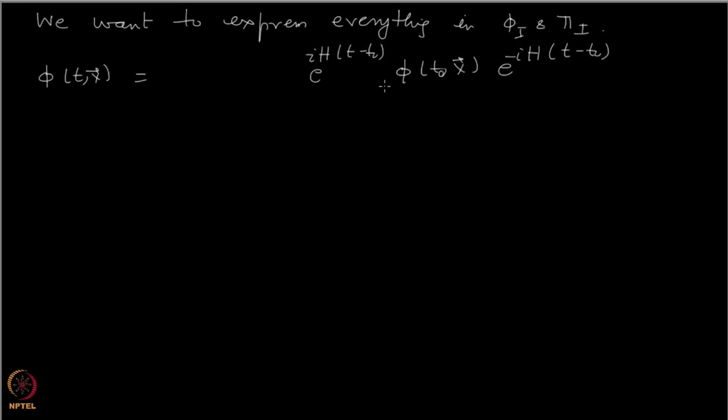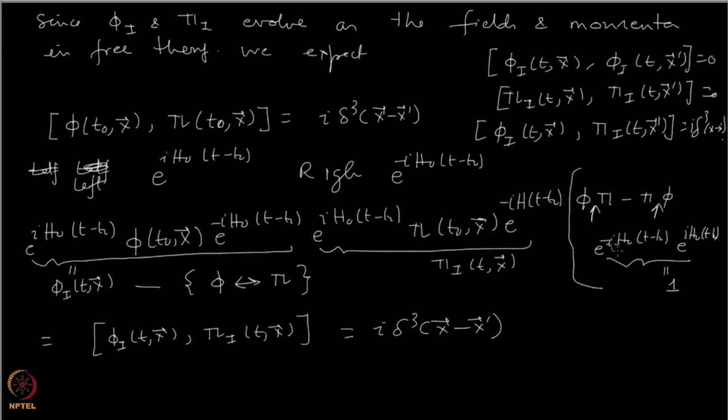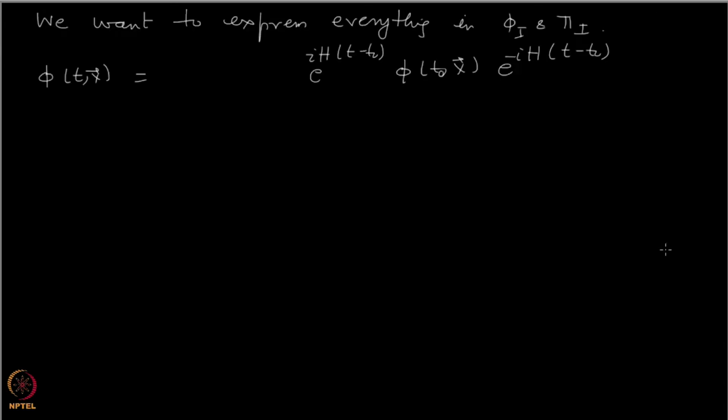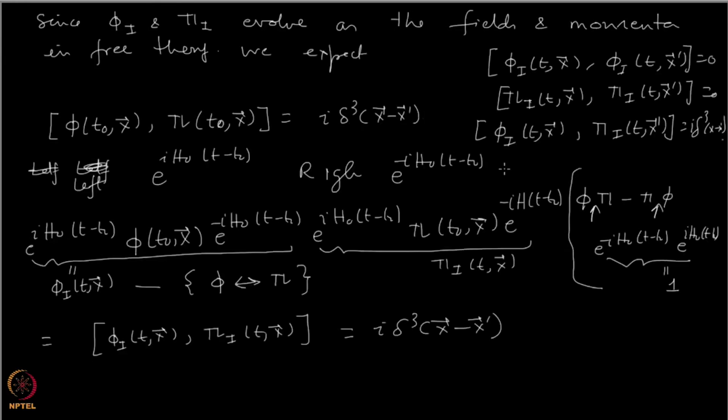Okay, now what I will do is insert identity in this form, here and here. So this becomes, let me start with here. So let's see what we have to write.